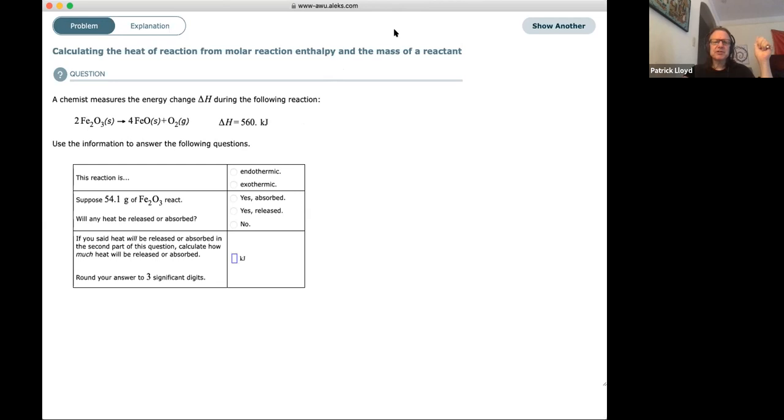It's pretty straightforward. It's 54.1 grams of Fe2O3, which is iron 3 oxide. This is essentially the main component of rust.